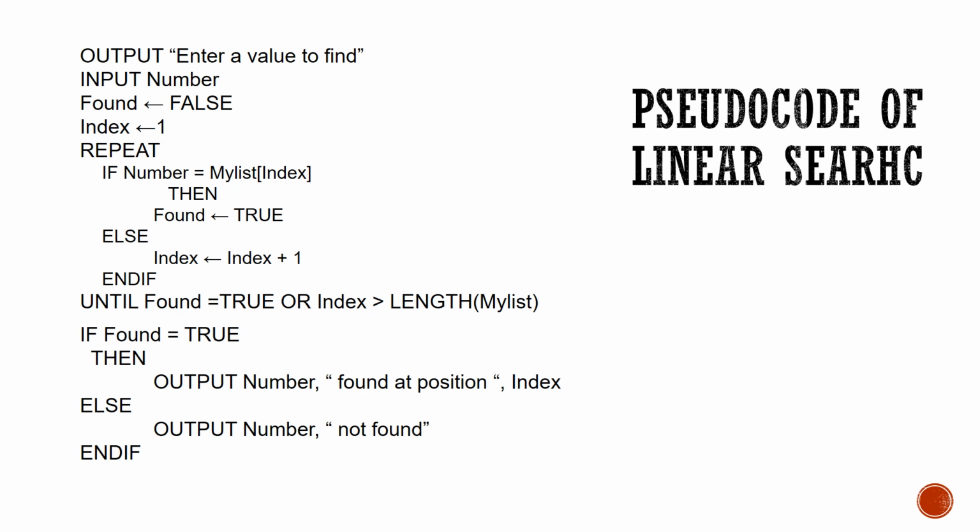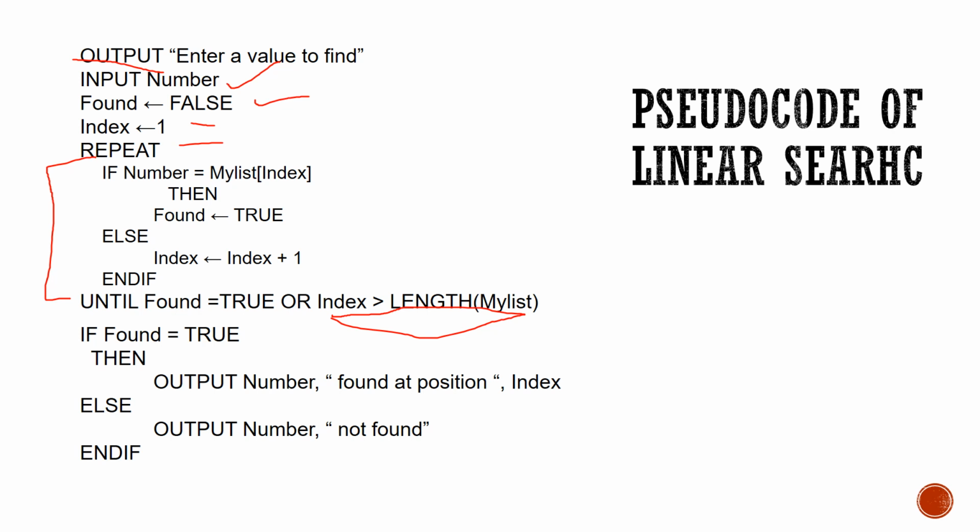So this is all happening in this code. First we output, enter a value, then we take input, and then we declare a variable found equals false, index equals 1. Repeat until found equals true, which means we found the element, or the index reaches the end of the list, which means we just reached the end of the list, right?